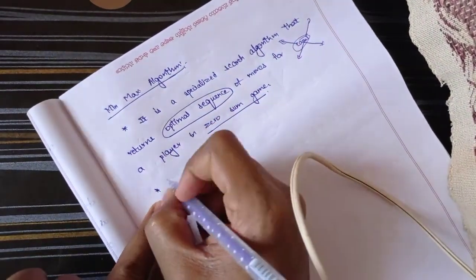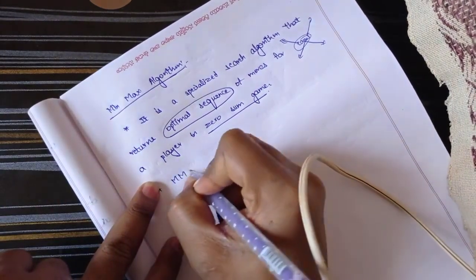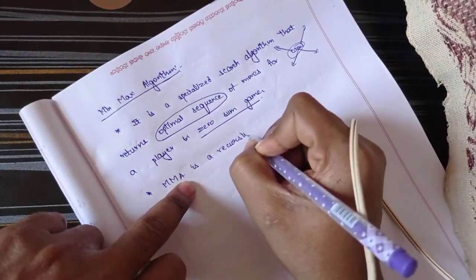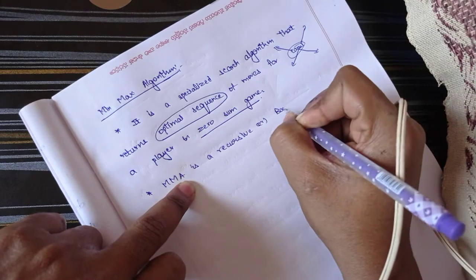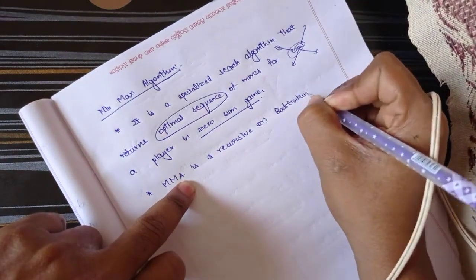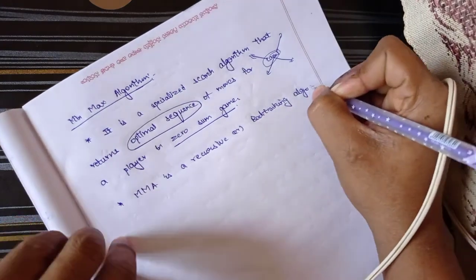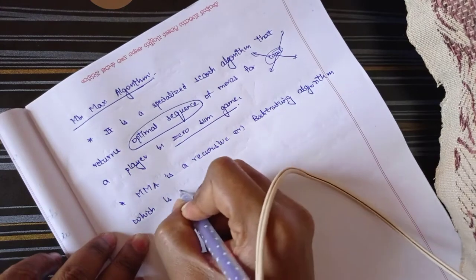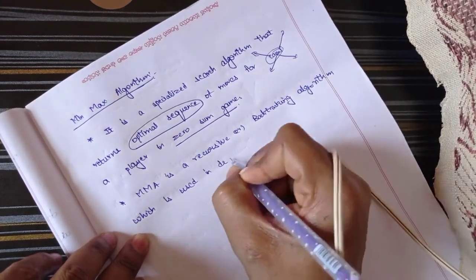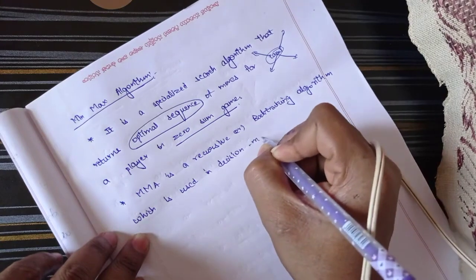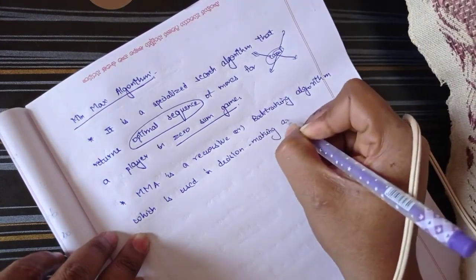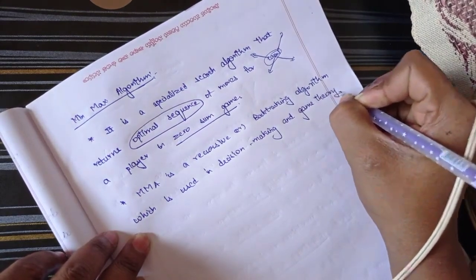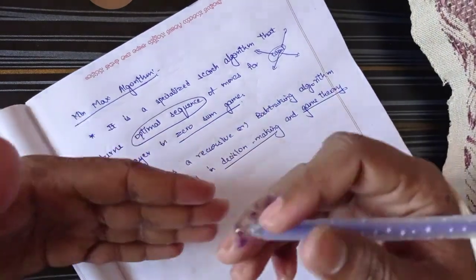Let me write another point: the min-max algorithm, MMA, is a recursive or backtracking algorithm which is used in decision making and game theory. It is a recursive process for each and every step.